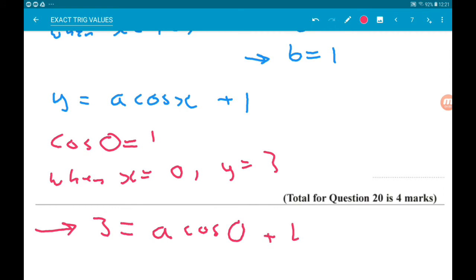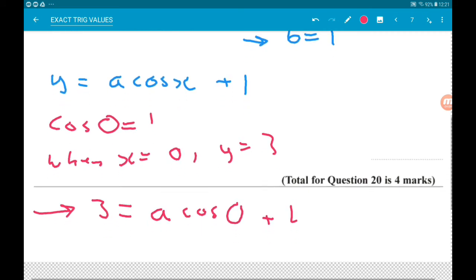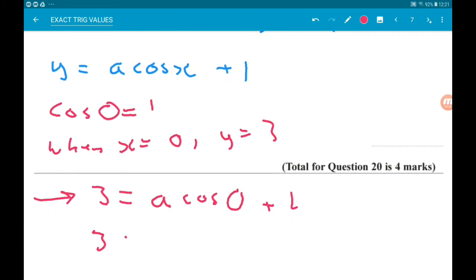Now, a cos of 0 is just a times 1. So, 3 is equal to a add 1. Therefore, a is equal to 2.